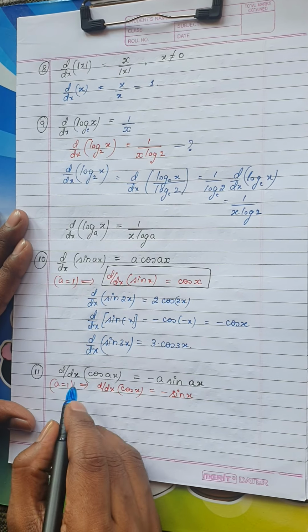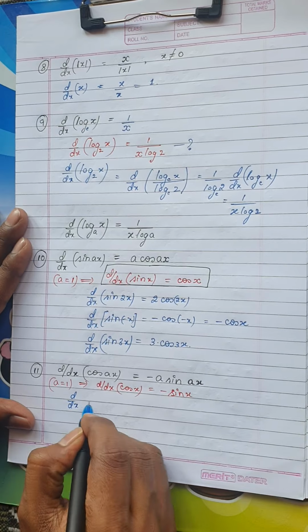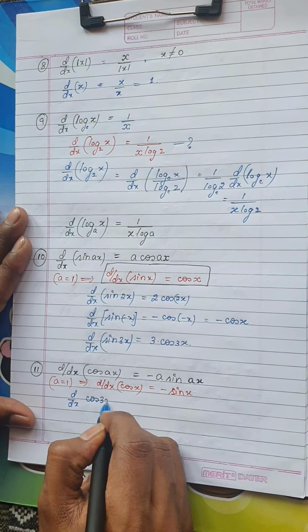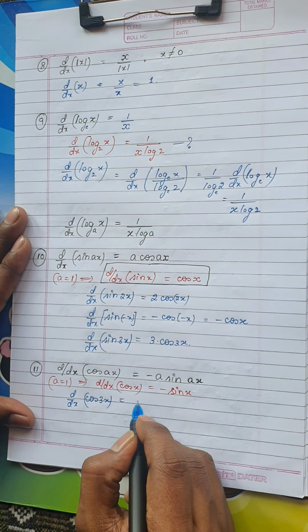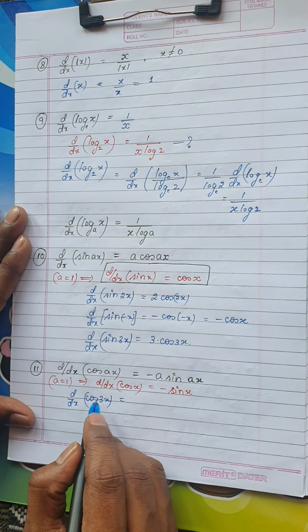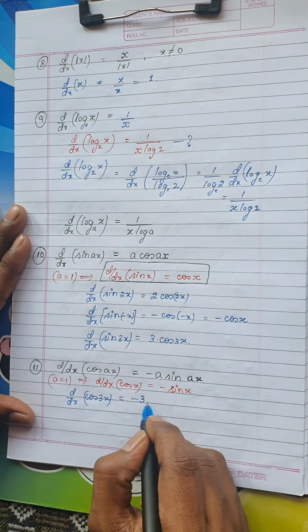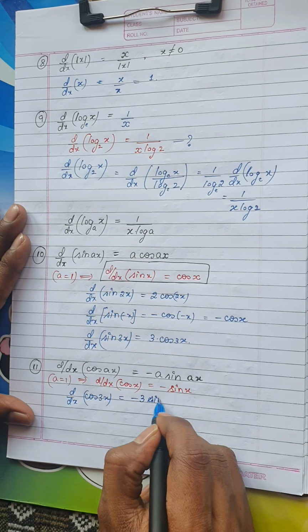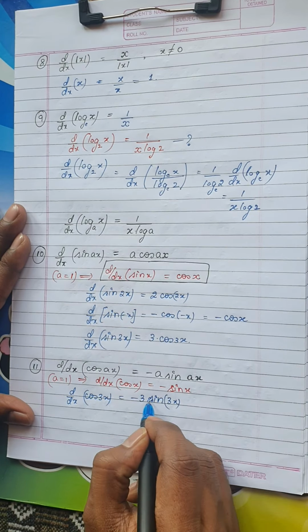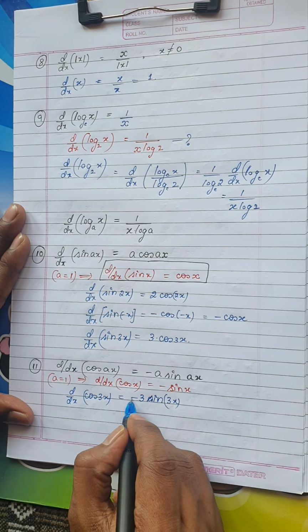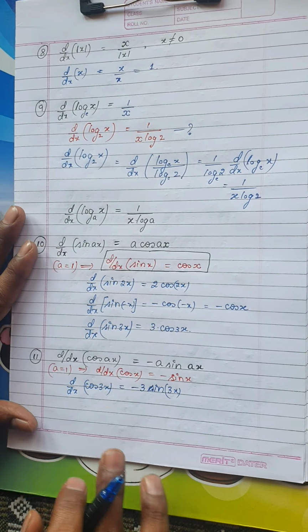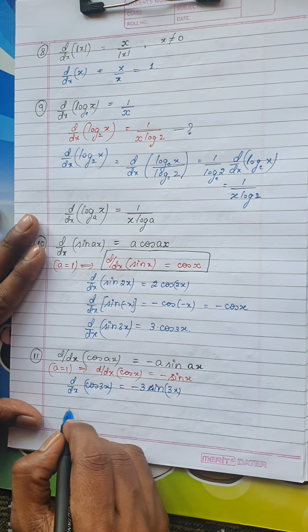Now, similarly, if I have to find the derivative of cos 3x, remember, when you are differentiating cos, it is negative outside, so it is minus 3 sine 3x. Minus is outside, and this constant will be multiplied. So it is minus 3 sine 3x.